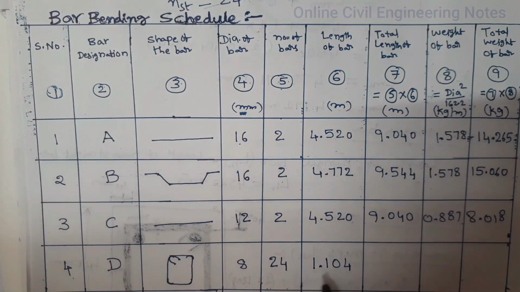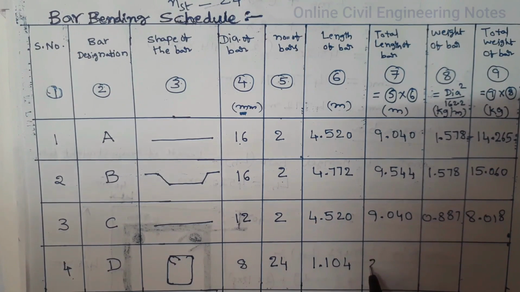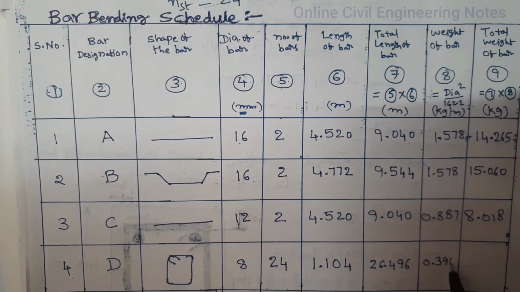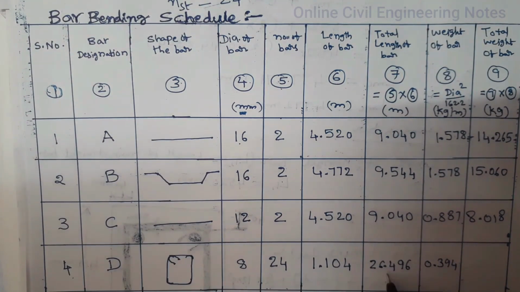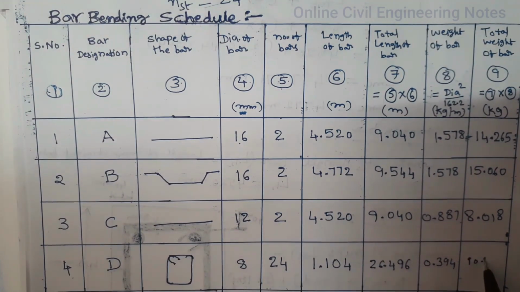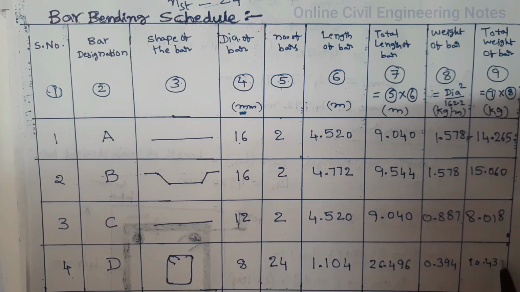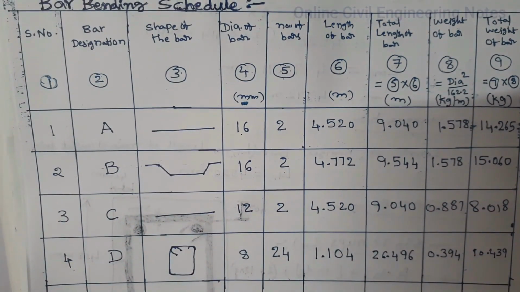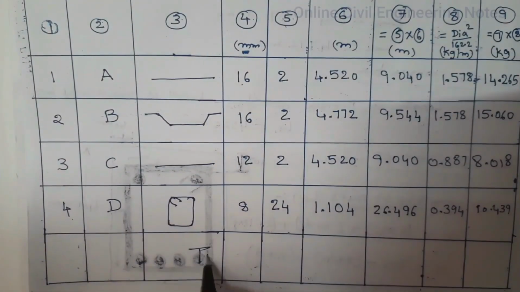Total length is equal to 24 into 1.104, 26.496. Weight of the bar is equal to 8 square by 162.2, 0.394. Total weight is equal to this into this, 10.439 kgs. Now calculate the total weight of the steel required for the beam.